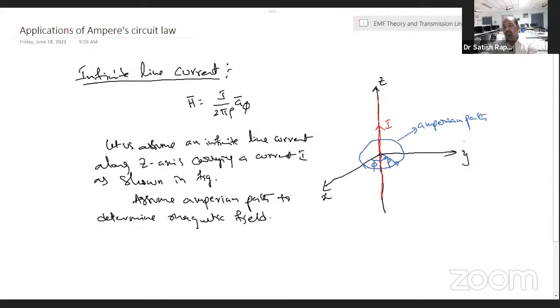To determine the magnetic field, let us consider a differential element dl, where dl is equal to rho d phi a phi bar. So this is dl.